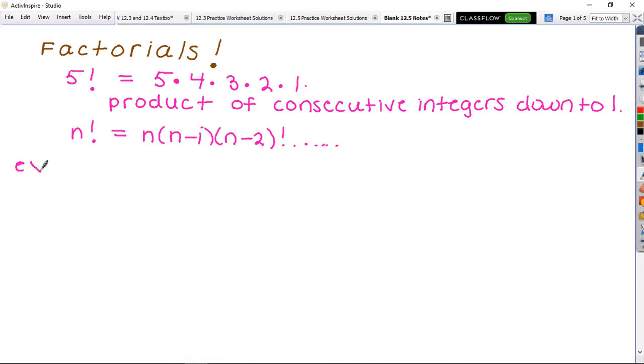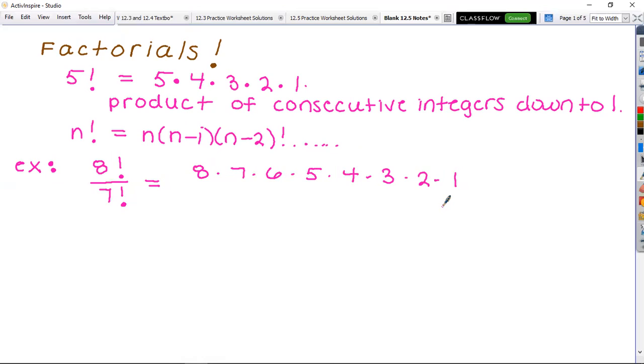Here's an example to help you figure out how these are going to simplify. Say I have 8 factorial divided by 7 factorial. And yes, I'm aware you could just do that in the calculator, but I want to show you how it works algebraically. So 8 factorial is 8 times 7 times 6 times 5 times 4 times 3 times 2 times 1.